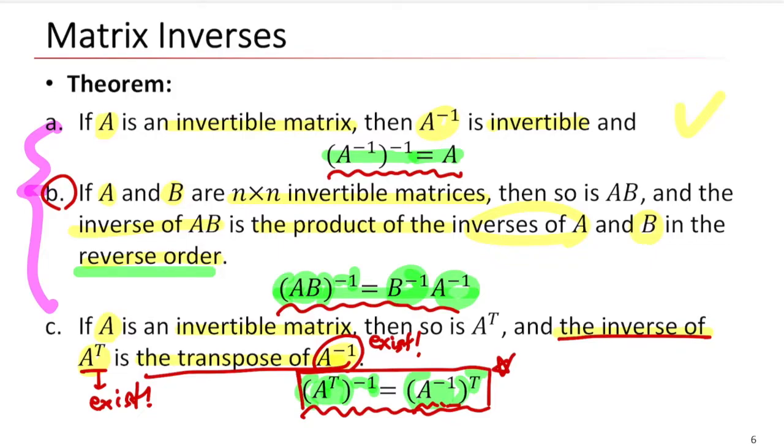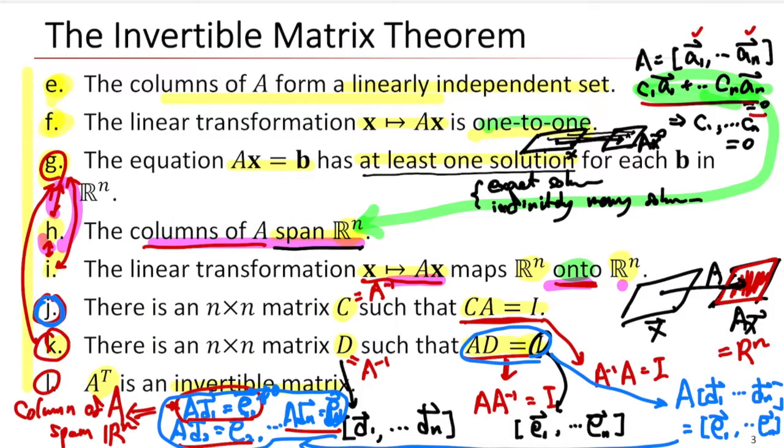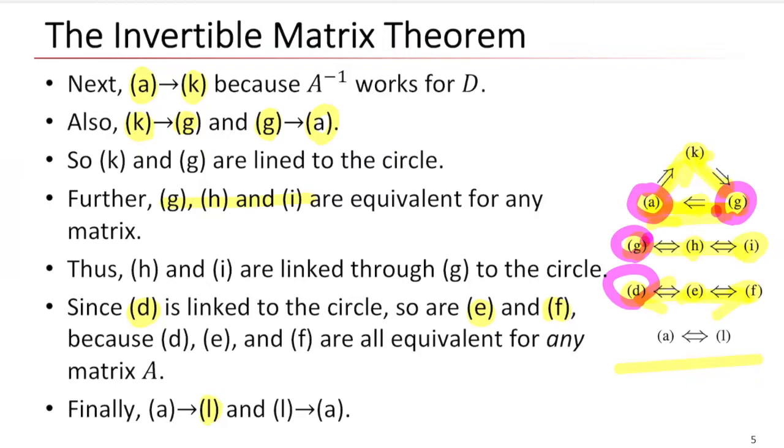Then the inverse of the A transpose is the transpose of the inverse matrix. Because the inverse of A exists, the inverse of A transpose also exists. So A implies I is true, and I implies A is also true. So they form a circle, something like that.